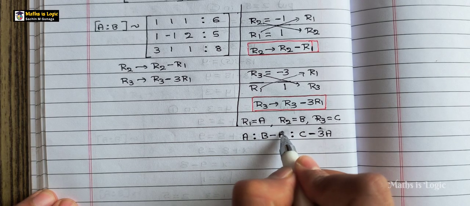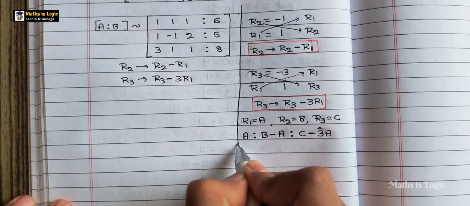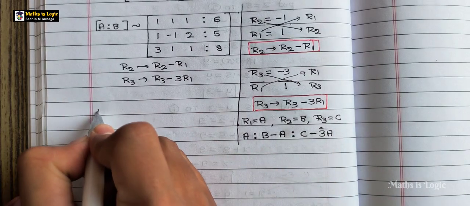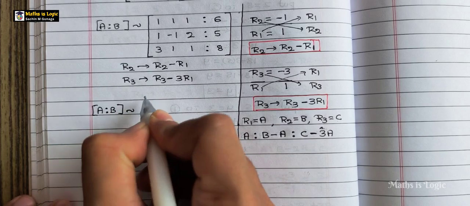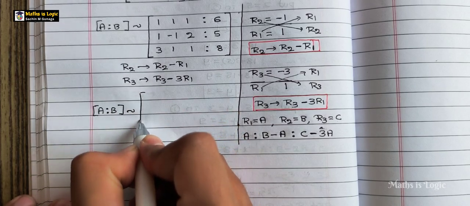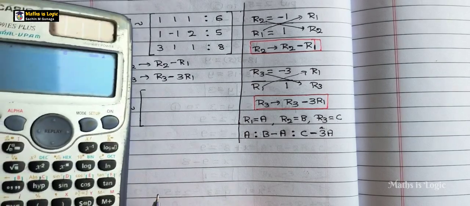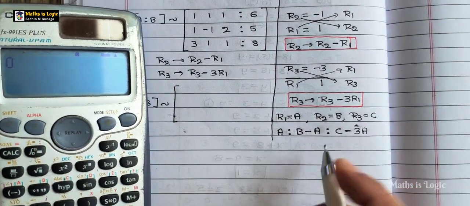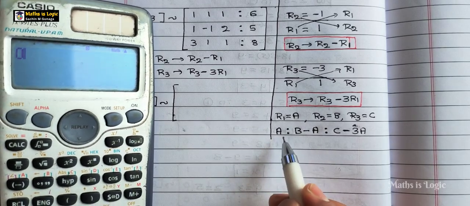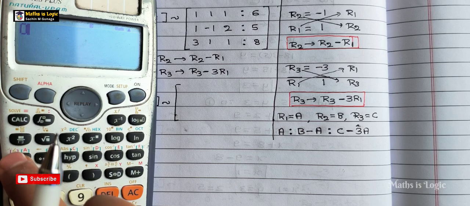This formula in the calculator we are going to apply. Therefore, directly write the augmented matrix becomes, so use the calculator. So first is A. How to type that? Press alpha, then A, correct?